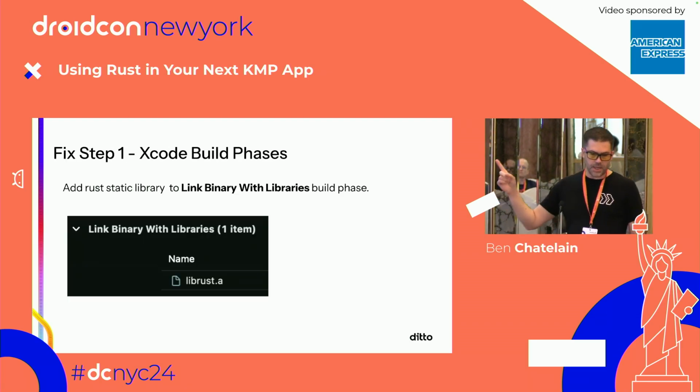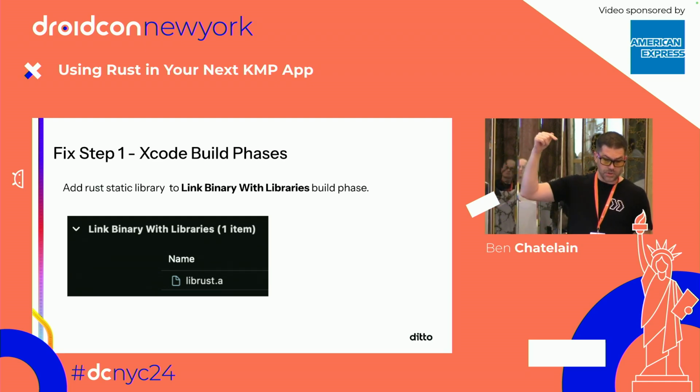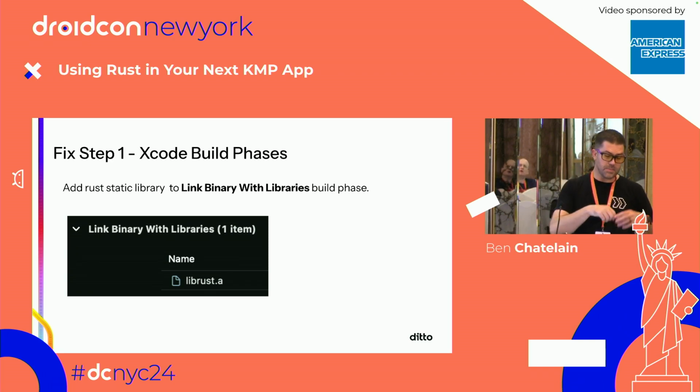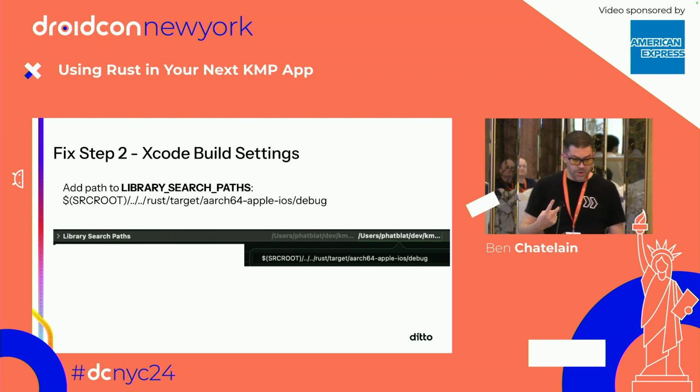Well, the first step is to add the librust.a to the Xcode build phases configuration in the link binary with libraries phase. This is telling Xcode, I want you to find librust.a. It actually doesn't care about the path, it just needs the name. So you can drag it in there and that sort of thing. Step 2 is in the library search paths to add the path to the output here.